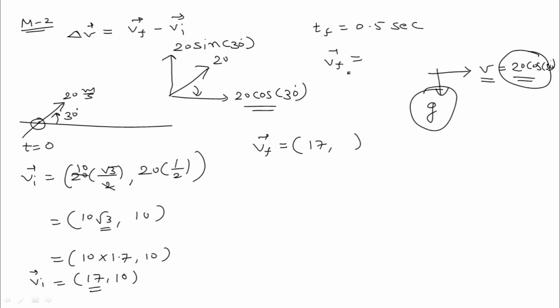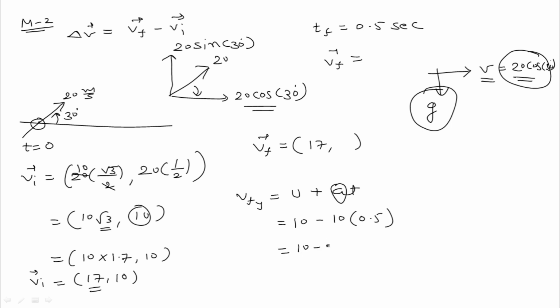velocity in y direction. So in y direction, final velocity is equal to u plus at. Initial velocity in y direction is 10, minus 10 as gravitational acceleration because of retardation of the body in 0.5 second.